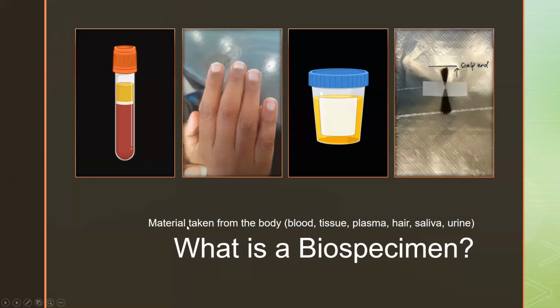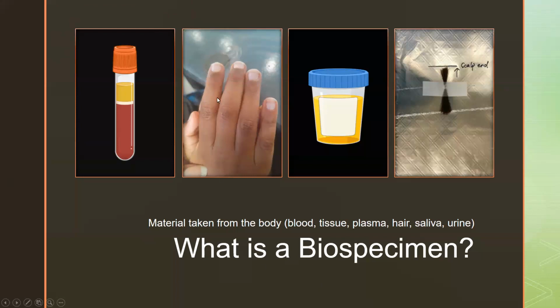So let's go over this, because I've used this term biospecimen a lot. A biospecimen is very simple. It's a quantity of a tissue, blood, urine, or other biologically derived material. Basically, it comes from the human body.